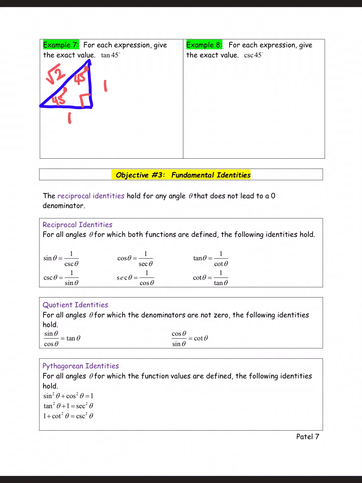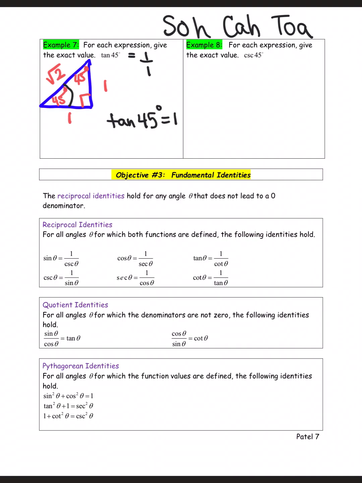Remember, tangent is, once again, TOA. So tangent is opposite over adjacent. Pick one of the 45-degree angles. Opposite to 45 degrees is the length of 1. And adjacent is 1. So tan of 45 degrees is equal to 1.